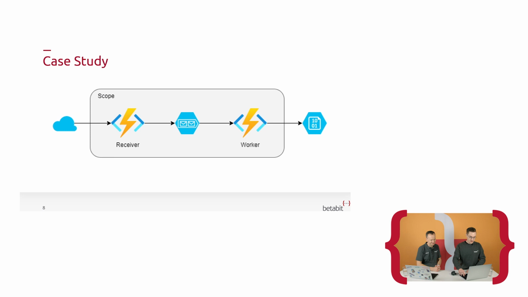Yeah, exactly. So let's look at a small case study. We have 2 function apps that we're going to try to build and deploy. Both are built on a Windows machine, both are deployed on a Windows machine. So it's basically the same, pipeline-wise they're exactly the same.